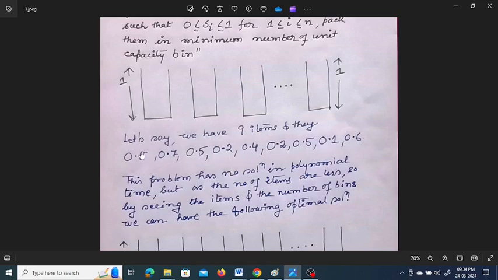We have to fill the bins with these items so that we use the minimum number of bins and push the maximal number of elements inside the bins. You have to pack them.